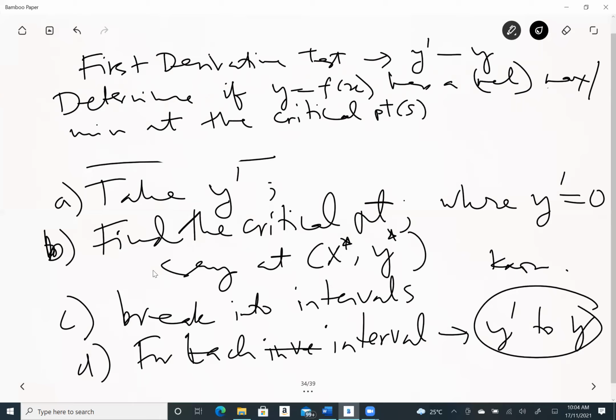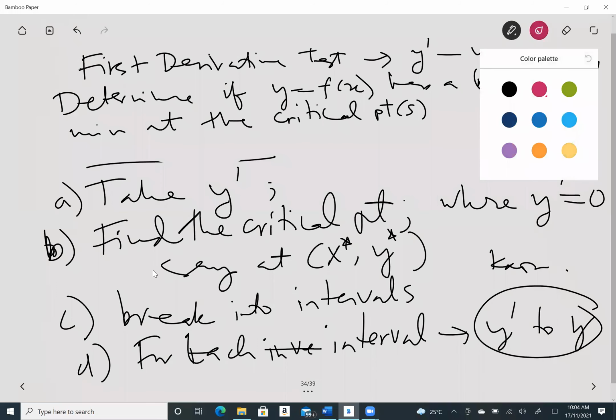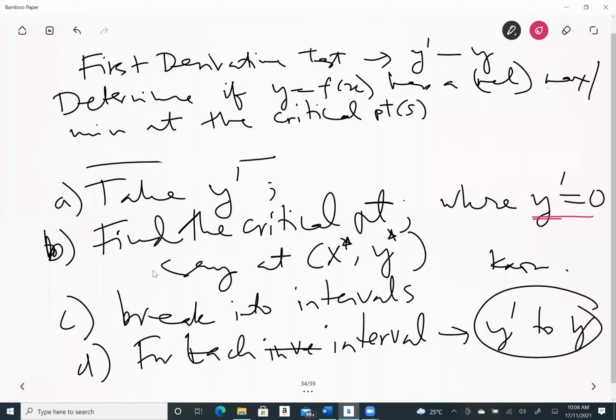So what are the steps? First, you take the derivative, you take y prime, and then you set y prime to 0. That will give you the critical point, call it x star, y star. Based on the critical point, you break into intervals.